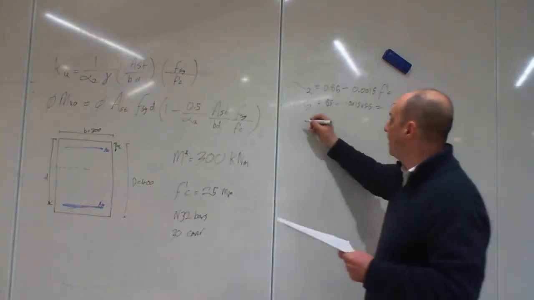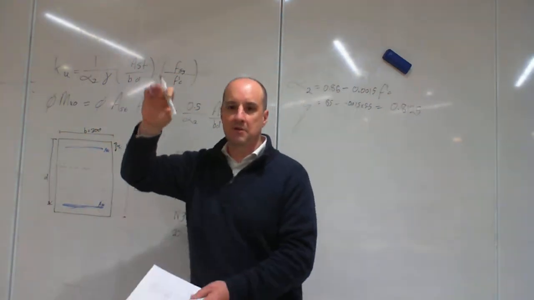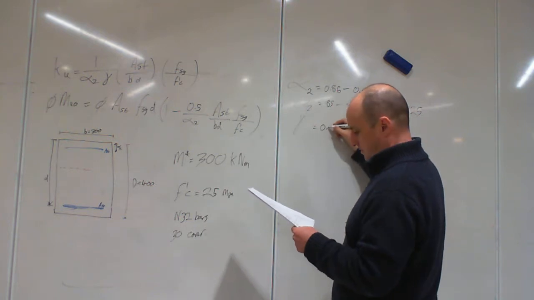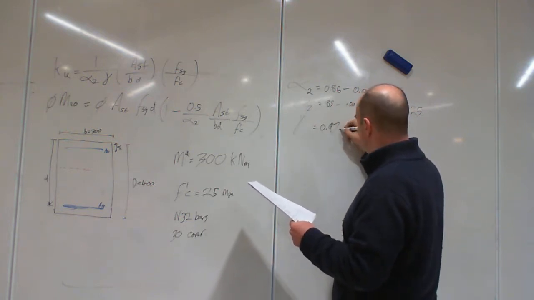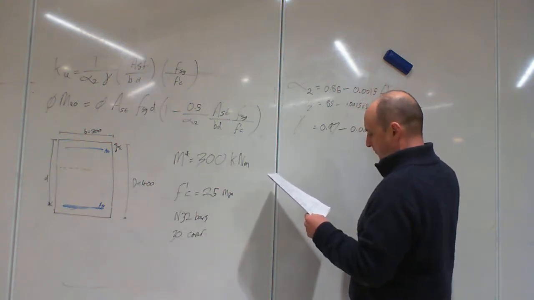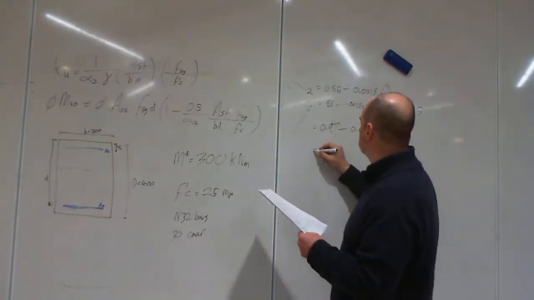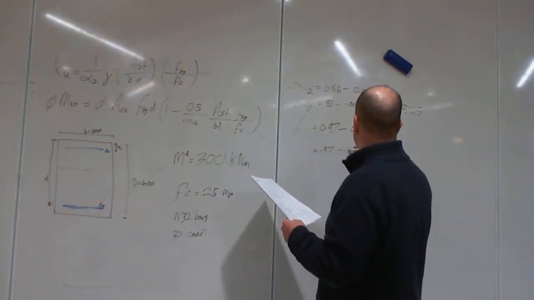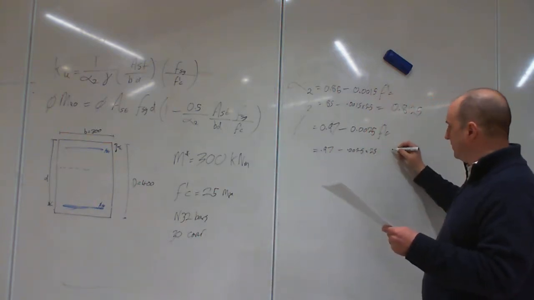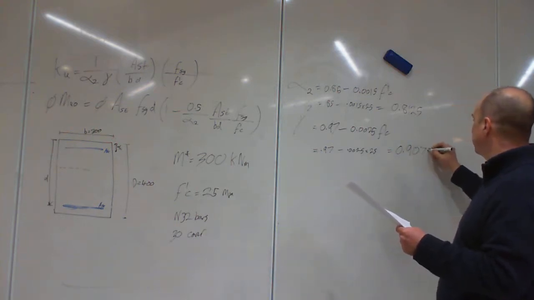Gamma is the distance that the rectangular stress block extends, and the formula for that is also revised, different in this modern code, and it's 0.97 minus 0.0025 times F dash C, the strength of the concrete. That equals 0.97 minus 0.0025 times 25, which equals 0.9075.